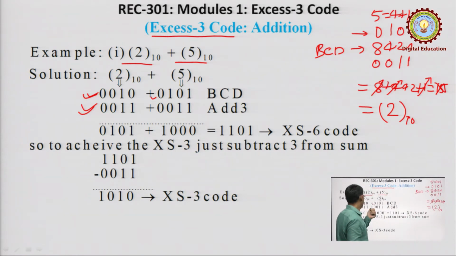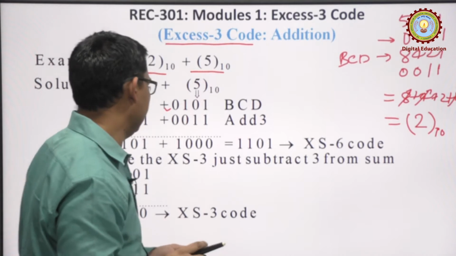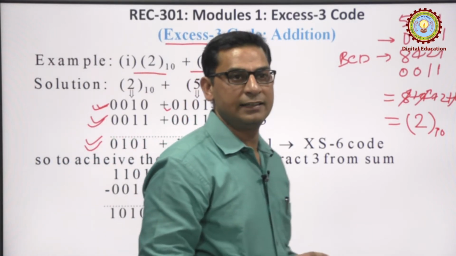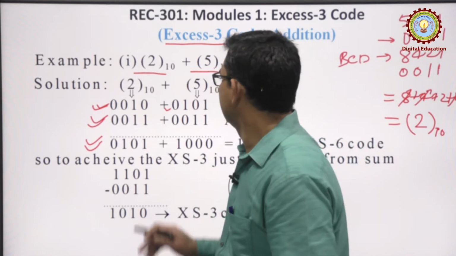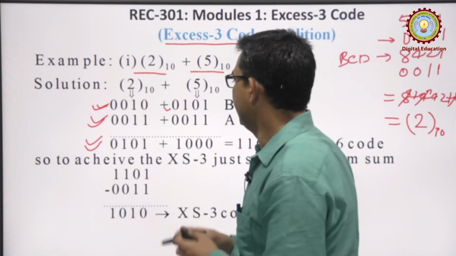Similarly, we will add the binary equivalent of 3 to 5, and then we will get the XS3 code. So this is the XS3 code for 2 and 5. Now we want to add these two numbers to get the XS3 code of 5 plus 2. So what will we have here?